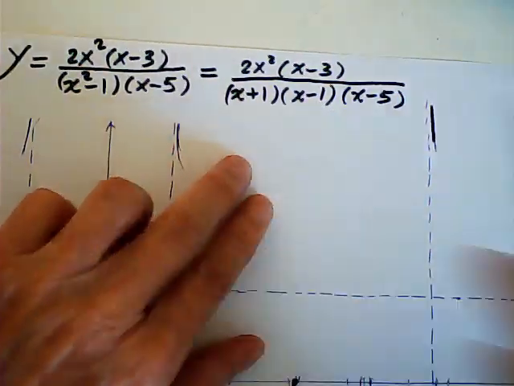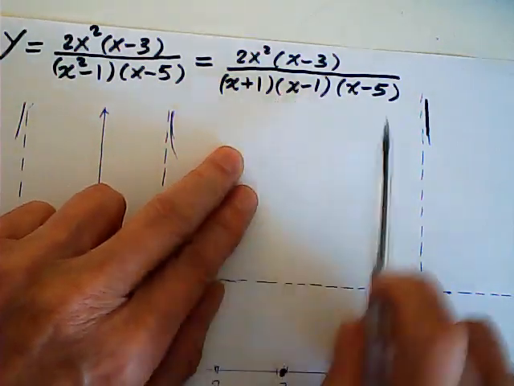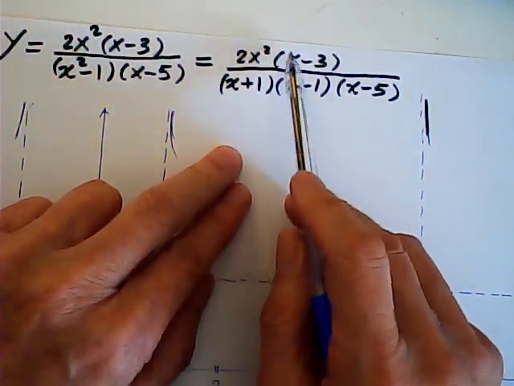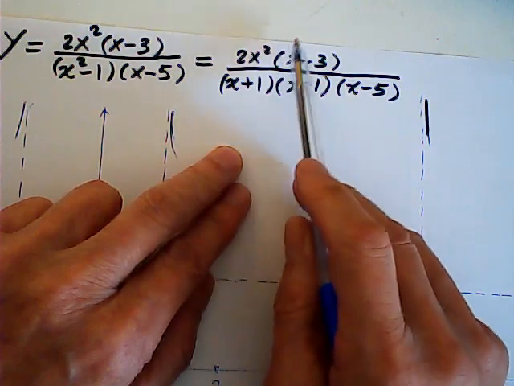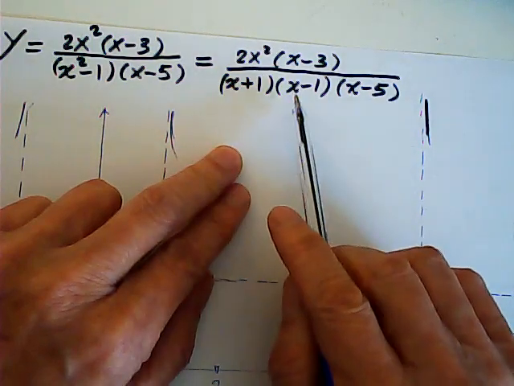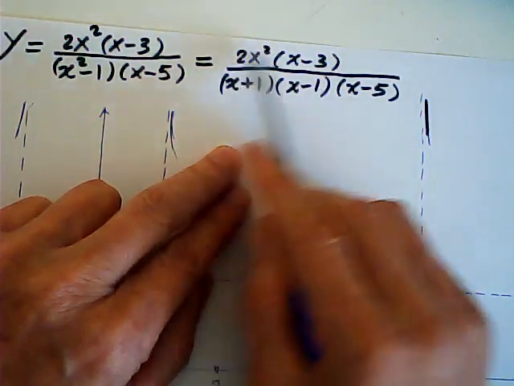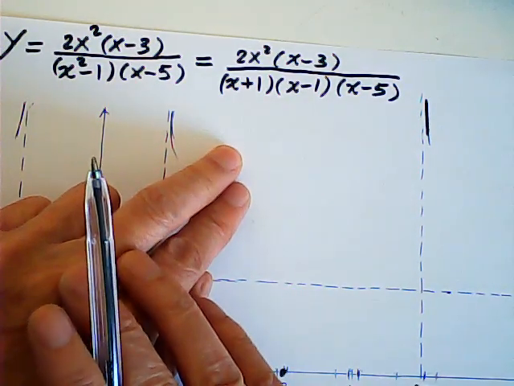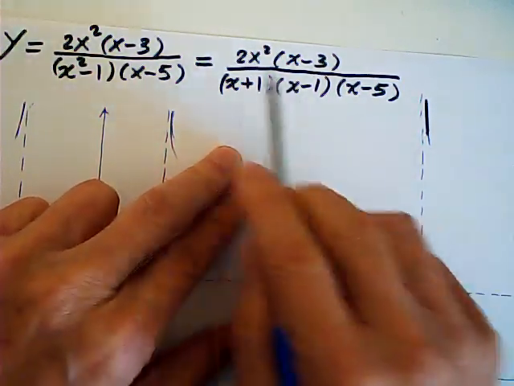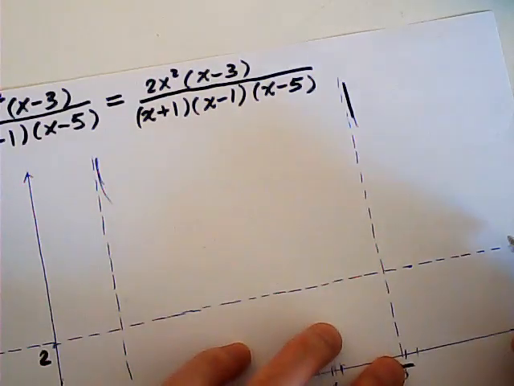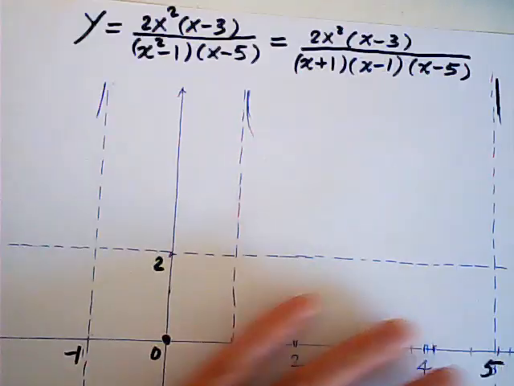When x is approaching infinity, as I said, the leading term is 2x cubed on top and the bottom is x cubed. So overall it equals 2 when x approaches infinity. So that approaches 2.